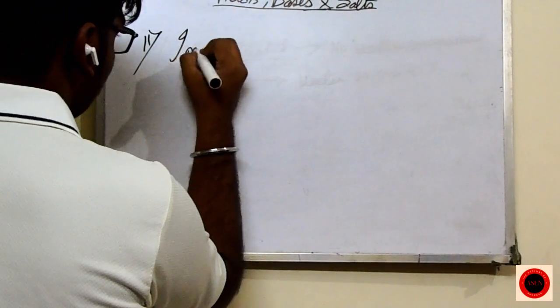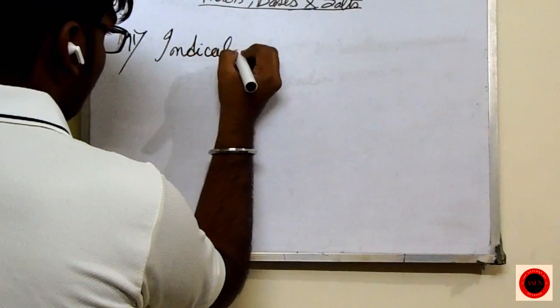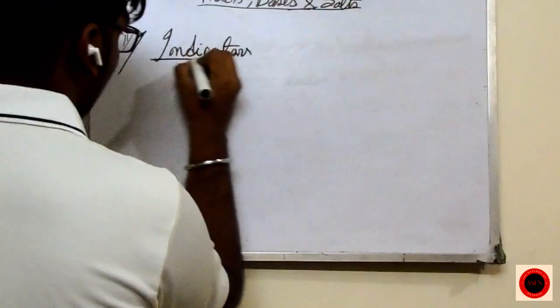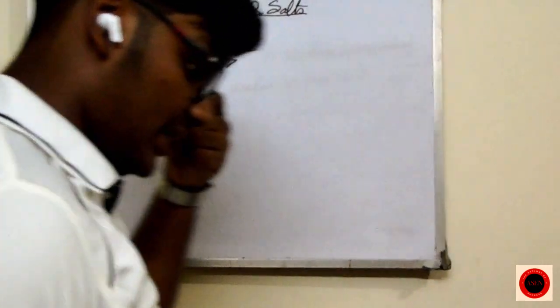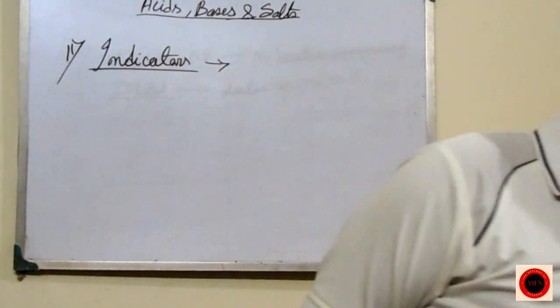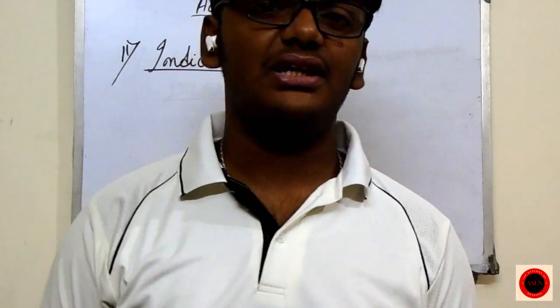So the next one is indicators. Indicators are the chemical substances which help us to detect a substance's nature. How did we know that soap is basic in nature?